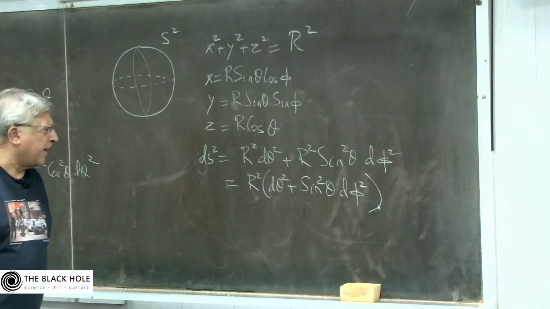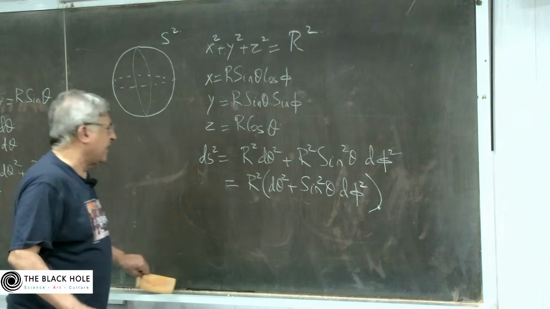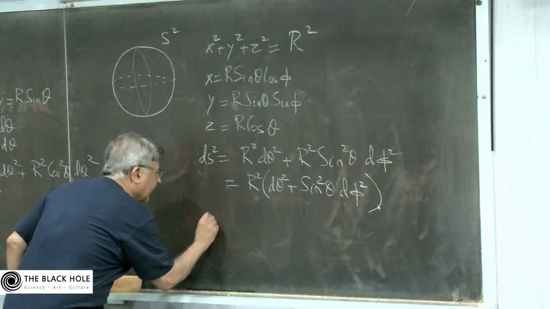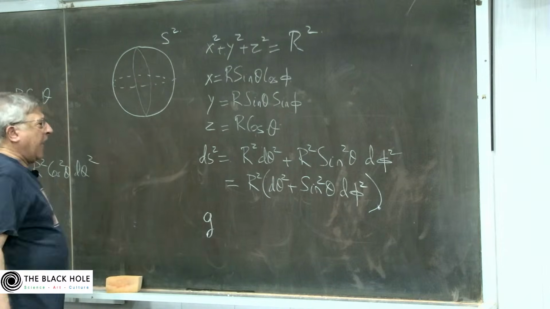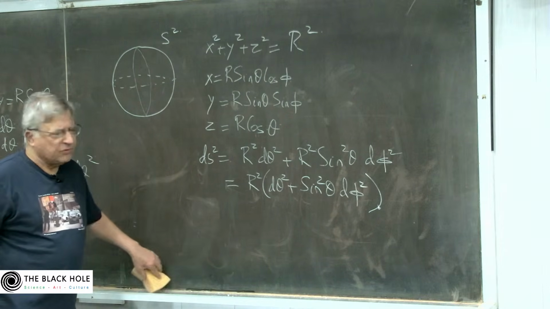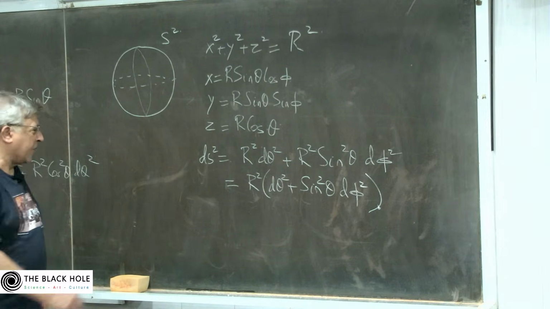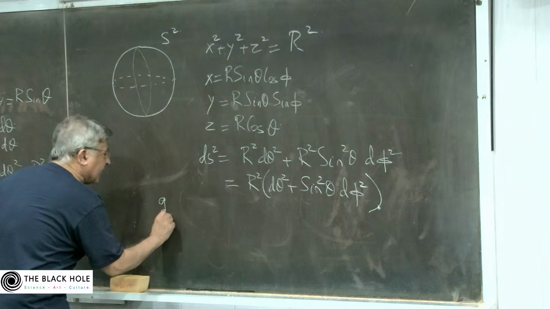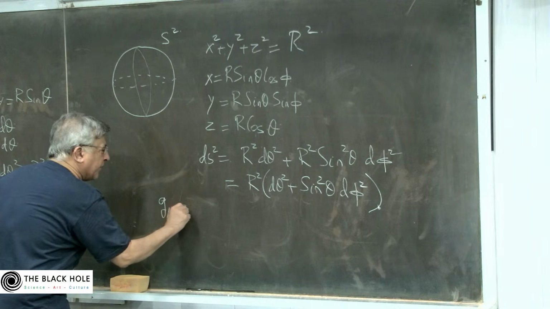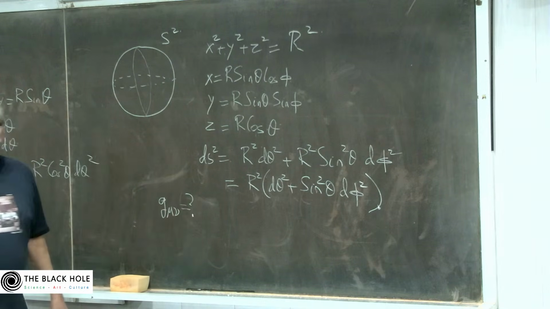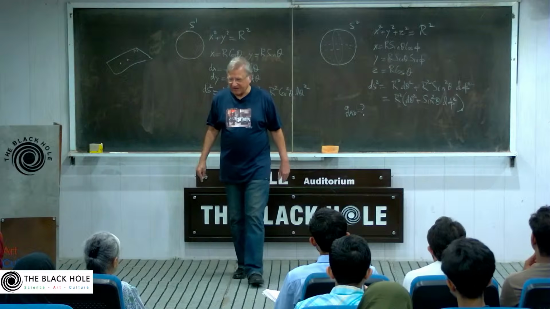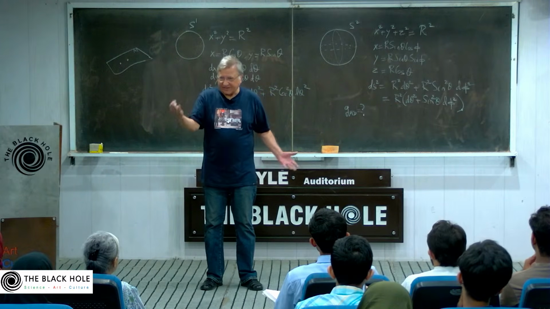And so, how should I now think of G mu nu? What is G mu nu? Now that I've given you the metric, can you tell me the elements of this metric? Who will tell me here?